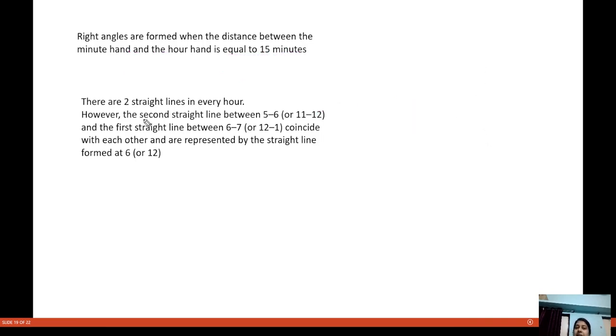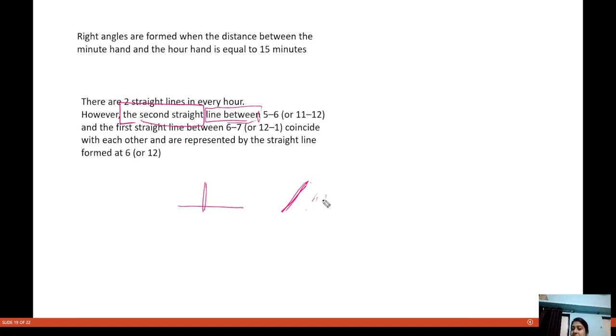And you will have a straight line twice in every hour. The straight line will be formed when both are in a similar position, when the minute hand and hour hand coincide.